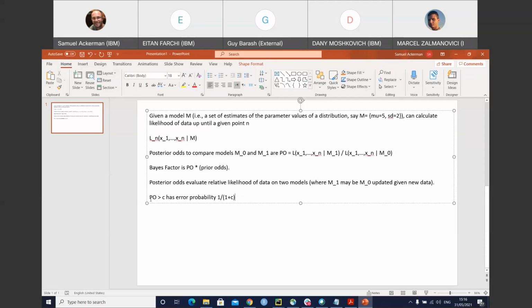And the good thing is that this has an explicit false type 1 error guarantee: if you set a threshold C, say for example C is 100, and the posterior odds or the Bayes factor become more than 100, you'll say that the updated model has definitely strayed very far and is more likely than the baseline. That has a false error probability of 1 over 1 plus that threshold. So the higher you set this threshold, the lower your error probability is.